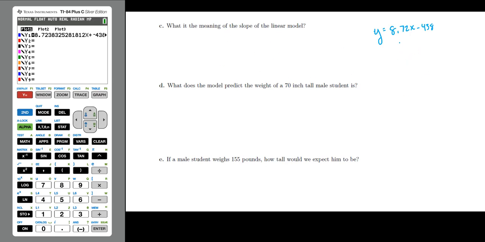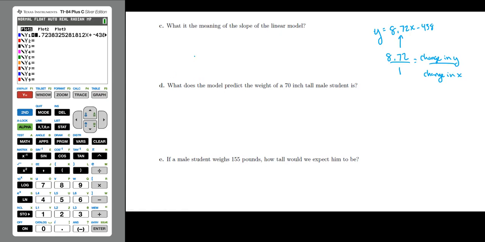Well, this is something that we've done in this class. We know that the slope is the number we're multiplying x by, and I think it helps to remember to say that 8.72, we can force it to be a fraction. The reason it's helpful to force it to be a fraction is because we can then remember that the 8.72 is the change in y, and the 1 is the change in x. But of course, what is y and what is x? Y is the weight and x is the height.